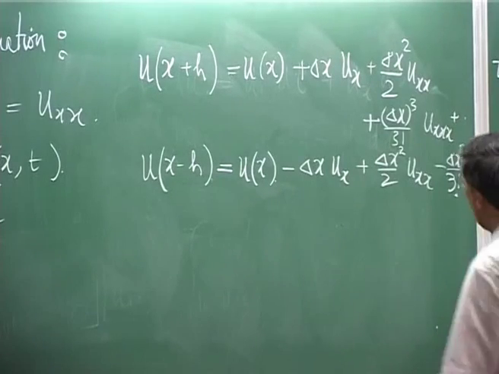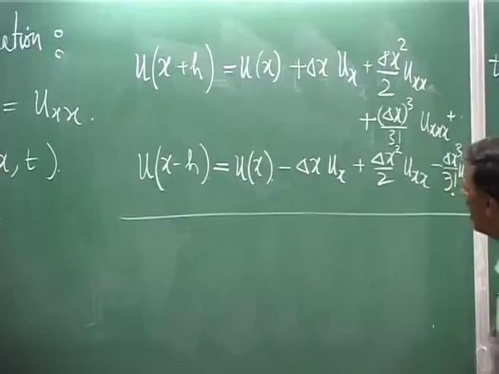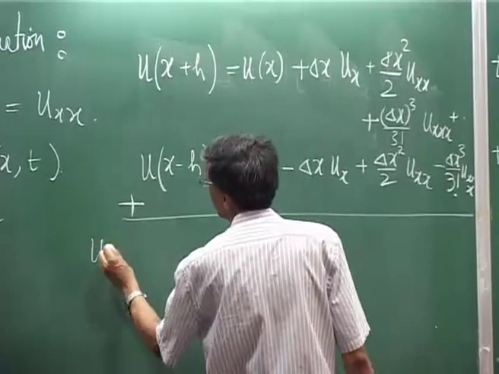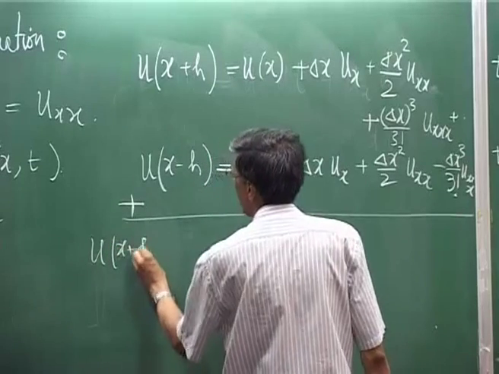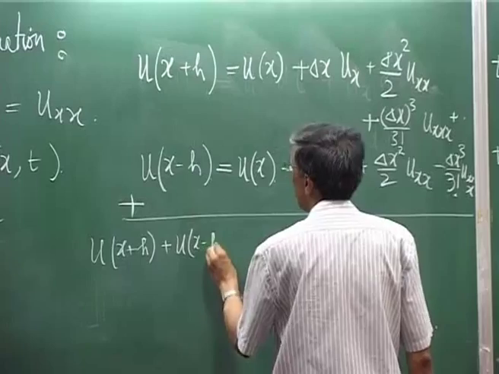Okay. Now, one of the easiest ways is to just simply add them up, then you are going to get u of x plus h plus u of x minus h.